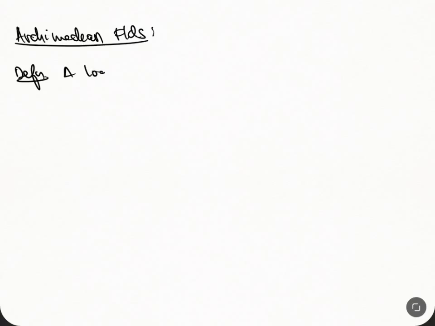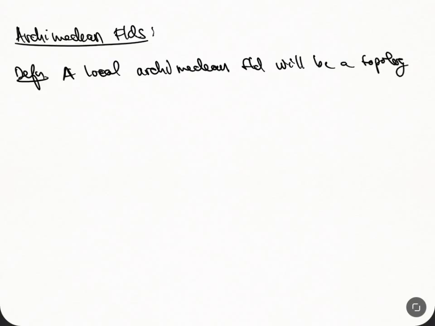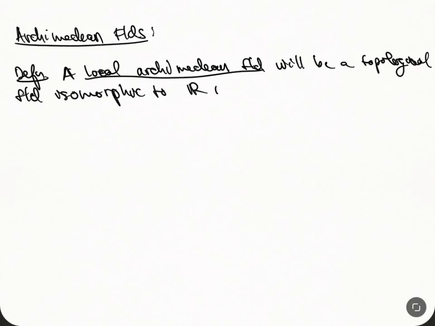A local Archimedean field will be a topological field isomorphic to the real numbers or the complex numbers. So as topological fields, the real numbers have no automorphisms and the complex numbers have a unique automorphism.